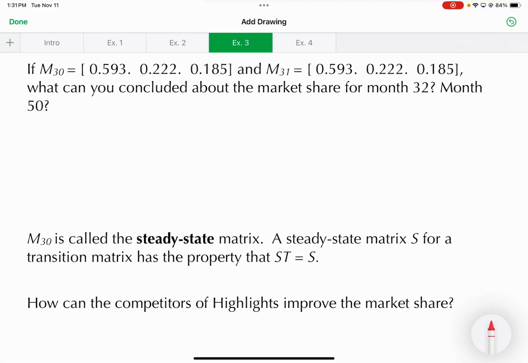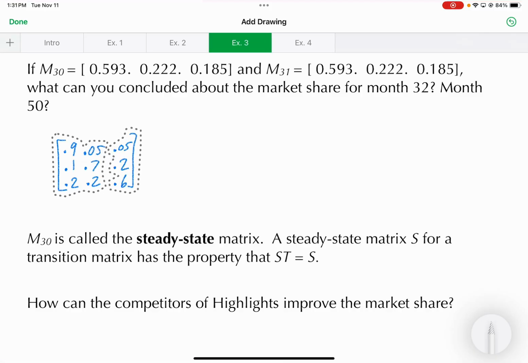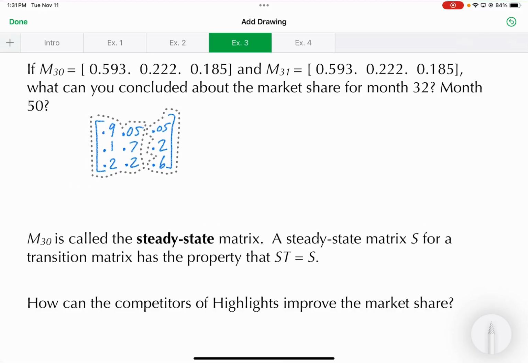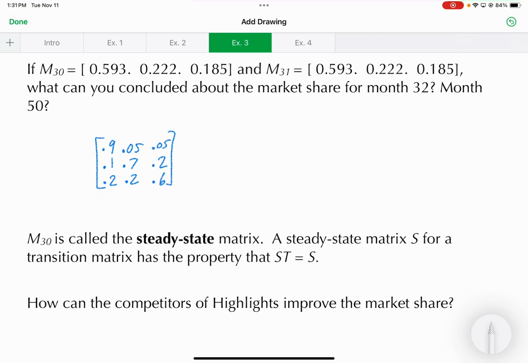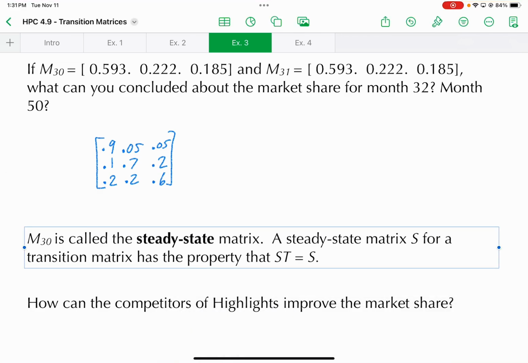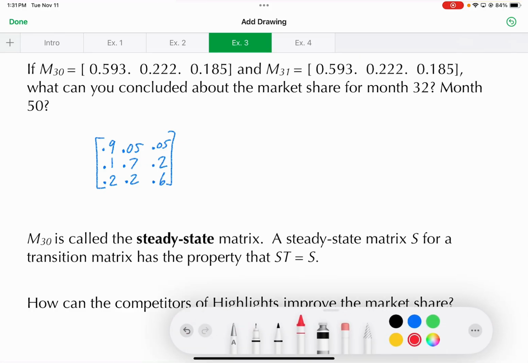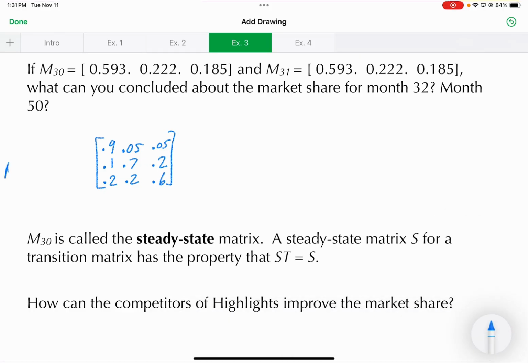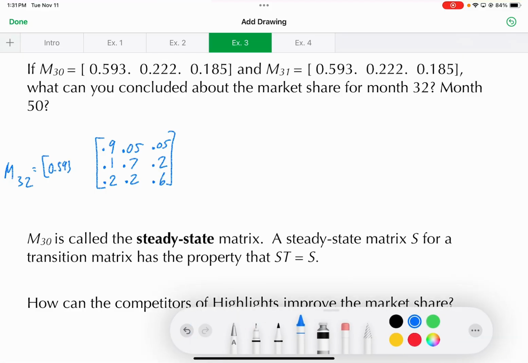So what this is saying is if I took my matrix and I multiplied it by M30, M31 should be, or I should say M32 should equal 0.593. I didn't leave myself enough room. That's okay. Let's move things.